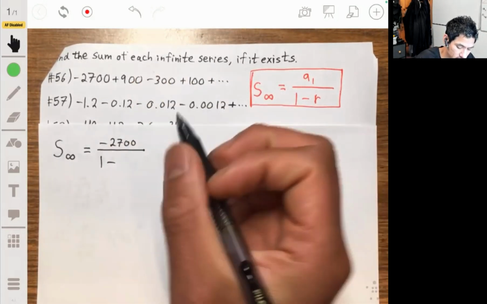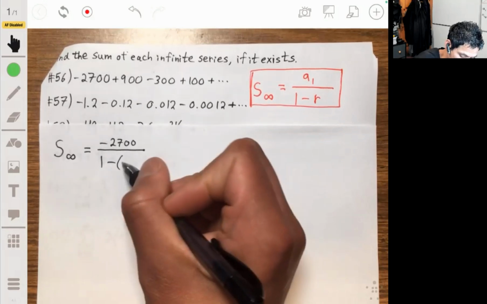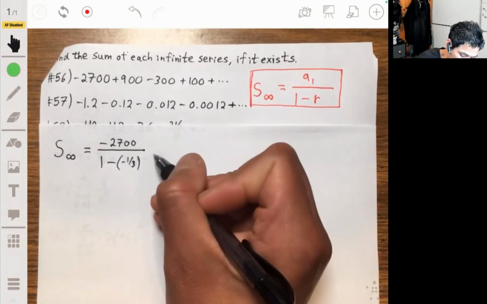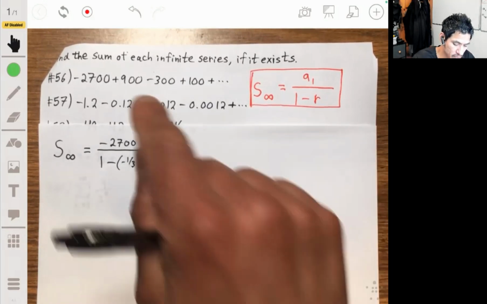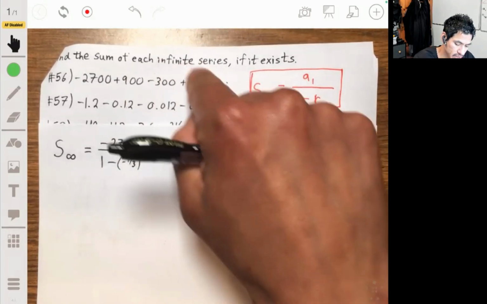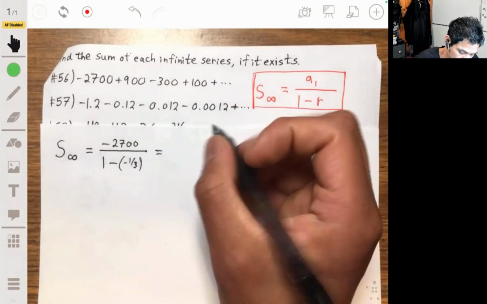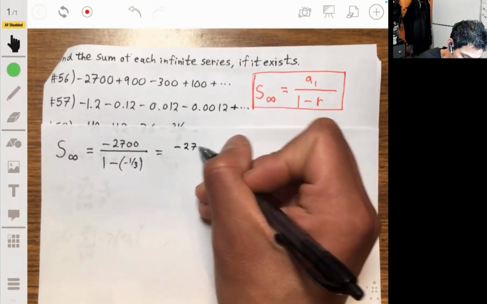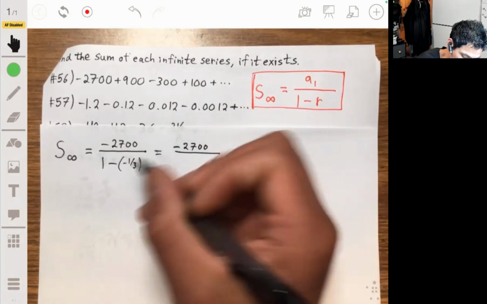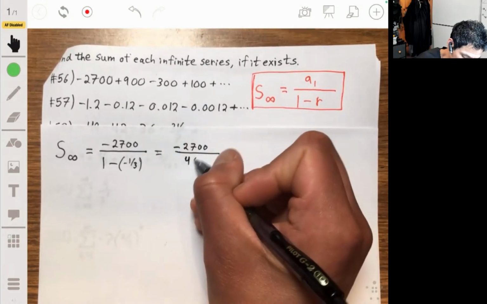R in this case is just going to be negative 1/3, because again, you're multiplying by negative 1/3 to get the next term. And this will be negative 2700 over 4/3.